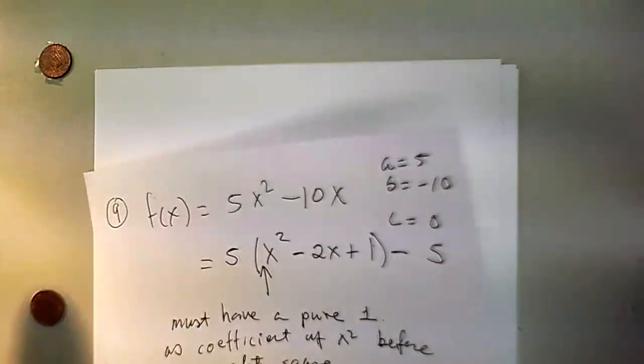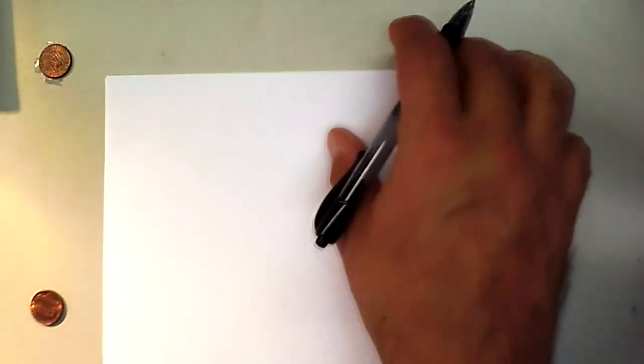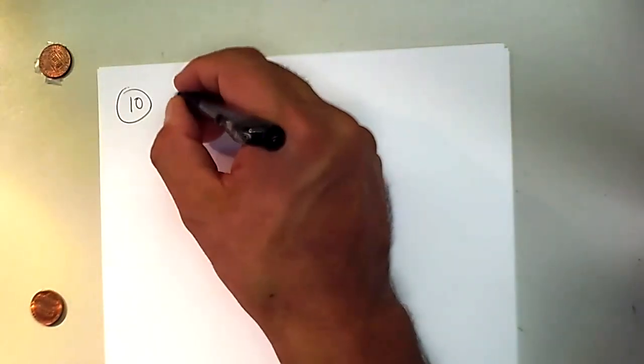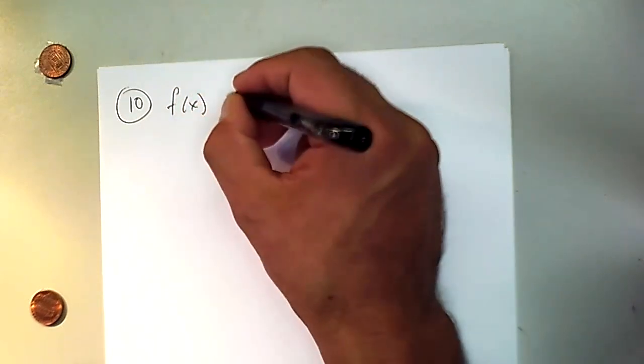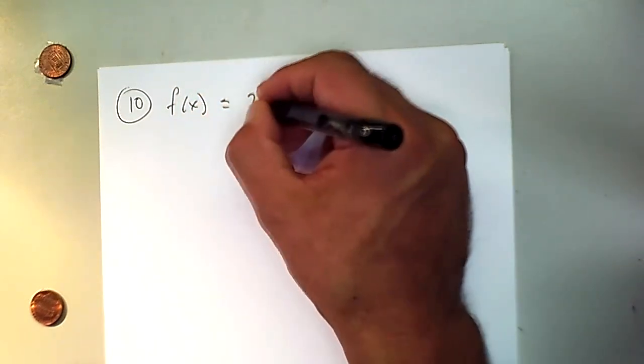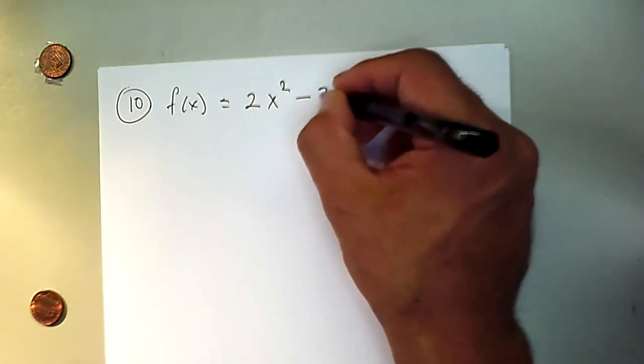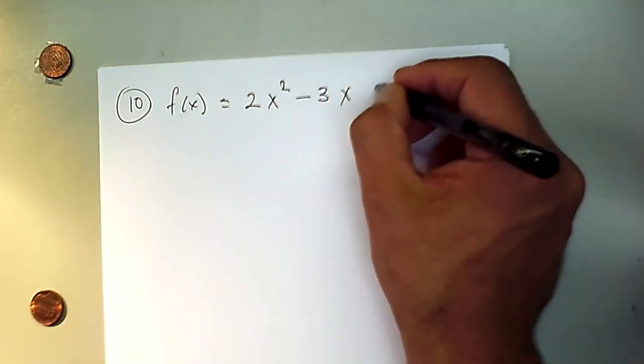Okay. Let's look at a sort of weird example. Or it's not weird, it's just more complicated. So example 10. Let's say f of x is equal to 2x squared minus 3x plus 4.